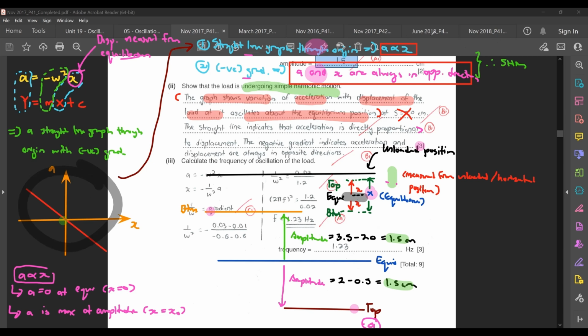Okay, so this is where you get your 1 mark from. The other 2 marks are you taking these 2 statements here. All right, where you say now the straight line indicates that acceleration is directly proportional to displacement, and the negative gradient indicates that acceleration and displacement are always in opposite direction. This one is 1 mark, and this one is 1 mark.